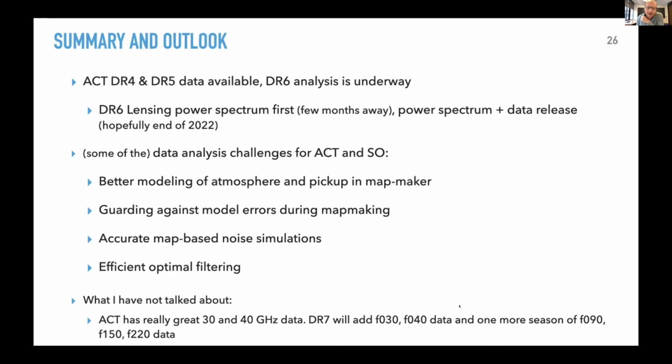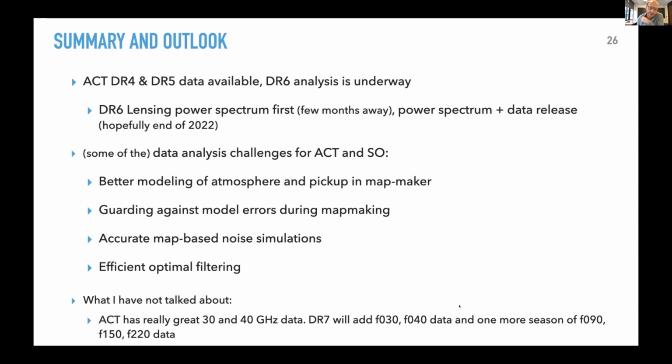Okay, and here is a summary. I've talked about the different data releases for ACT. The DR6 data release will be a multiple stage process. We'll start off with the lensing results, and then the power spectrum and the maps release will be later.